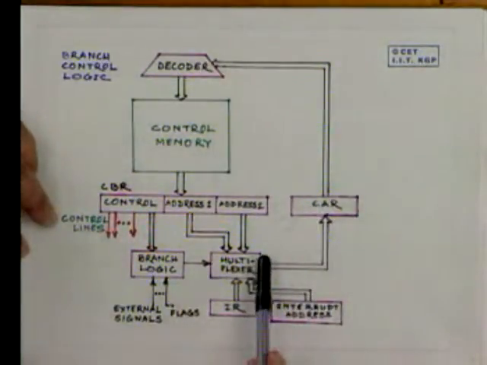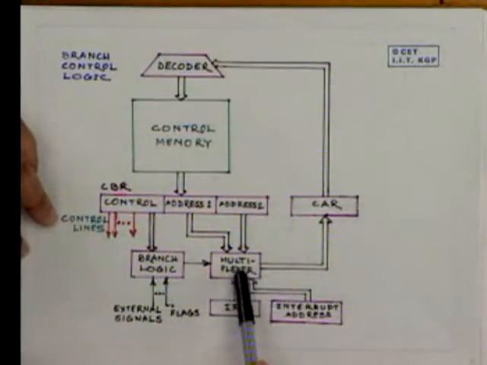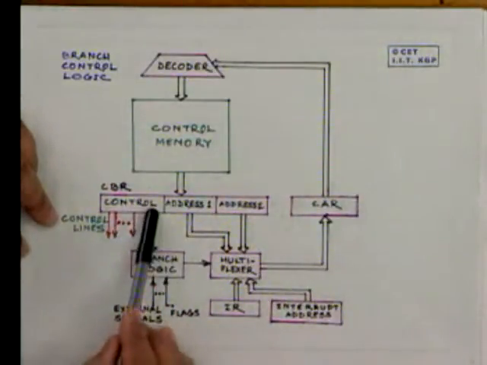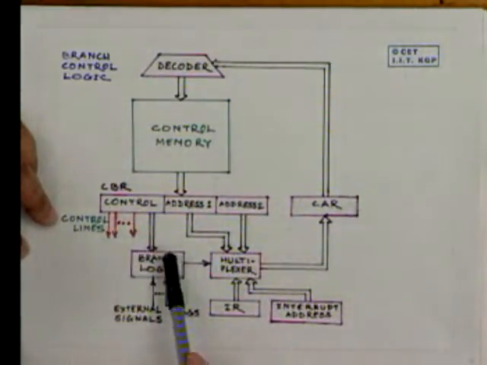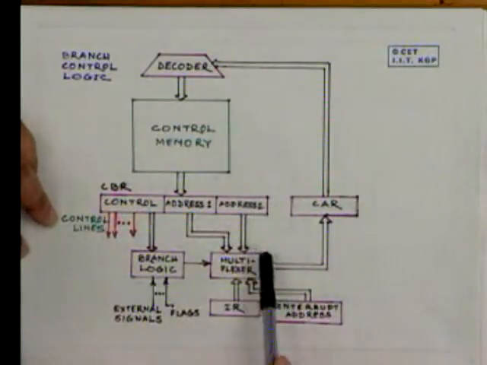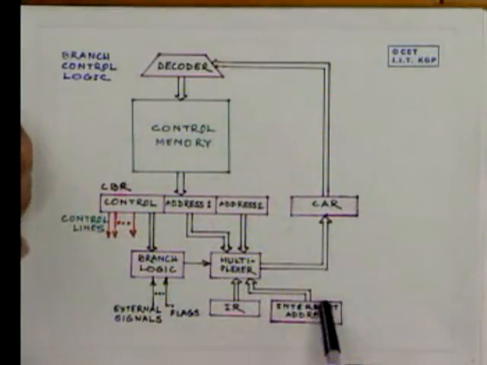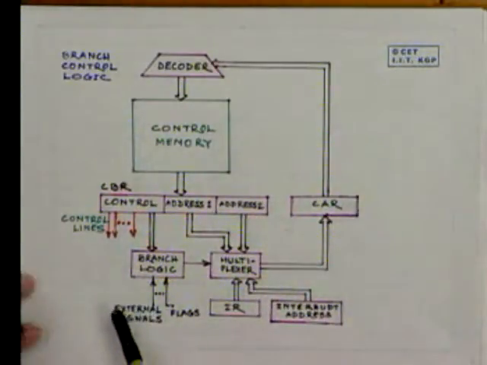Therefore, the control flow is decided this way: it either goes to address 1 if the condition is satisfied, say, or to address 2 if the condition is not satisfied. Naturally, the other two inputs of that multiplexer will be from the instruction register and from the interrupt address, to handle interrupts.